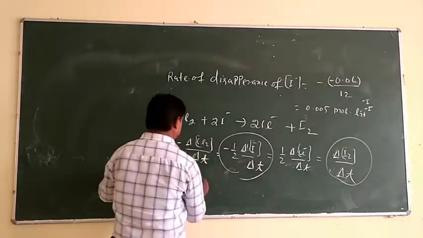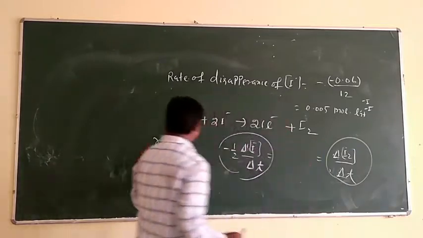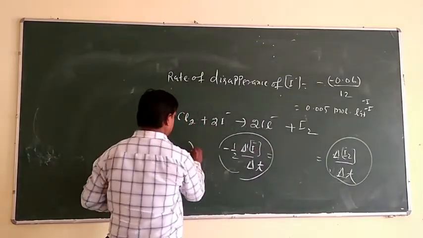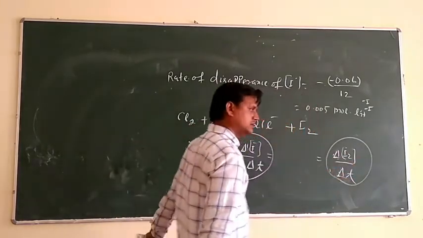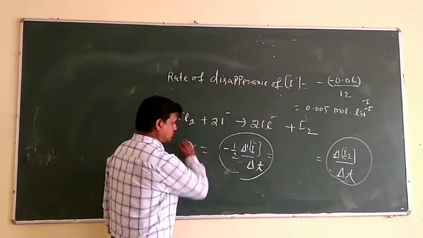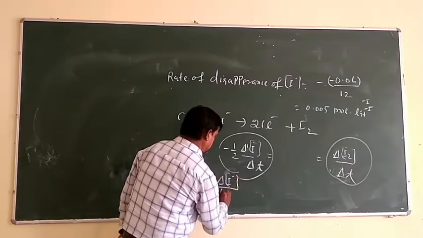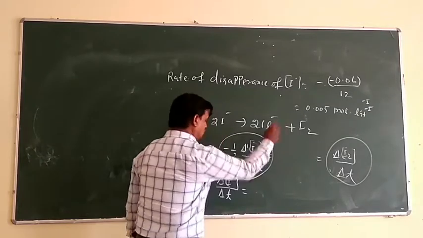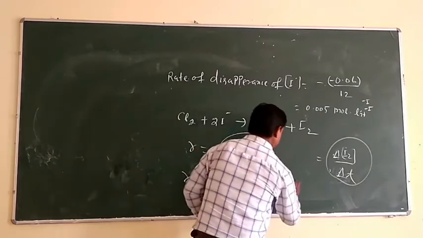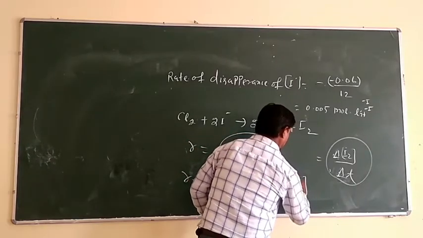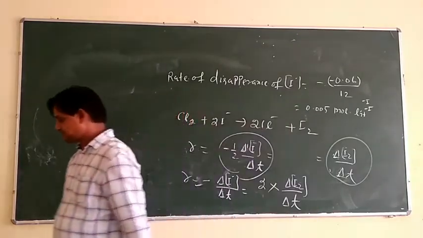We can write R equals minus del I minus ion by del t equals 2 into del I2 by del t?